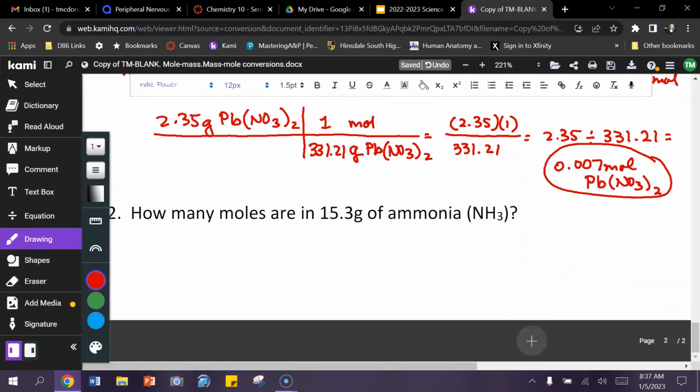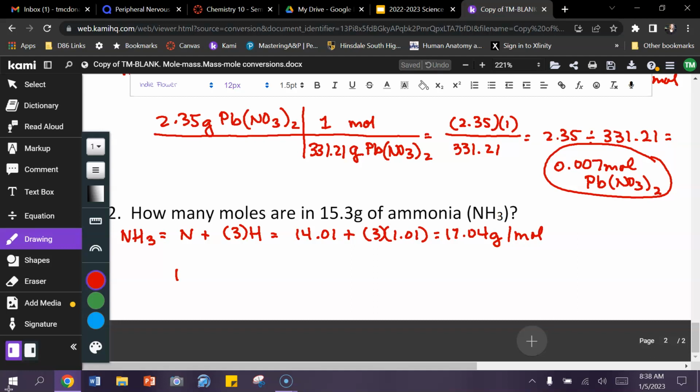Okay, last one. How many moles are in 15.3 grams of ammonia? Ammonia is NH3, and that's going to be equal to N plus 3 H's, which is equal to 14.01 plus 3 times 1.01, which is equal to 17.04 grams per mole.